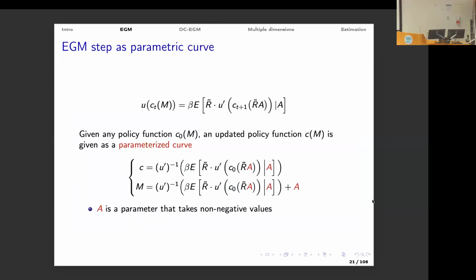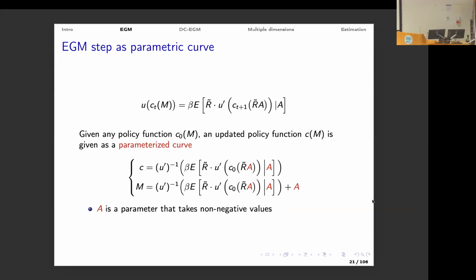So a good way to think about this is this. Given the Euler equation, we are interested in this function C of M, which would describe the optimal behavior, which is the policy function. Well, just writing this inverted Euler equation here, and then the expression for the state variable, wealth, which is C plus A, right? So I can just write the inverted Euler equation again. What we have is essentially a parameterized curve.